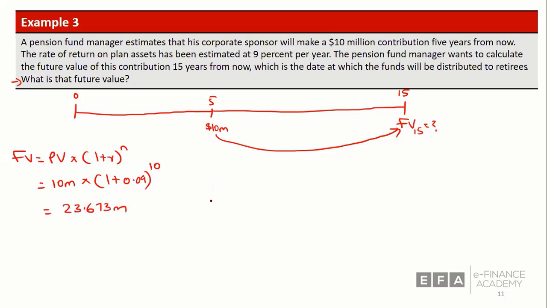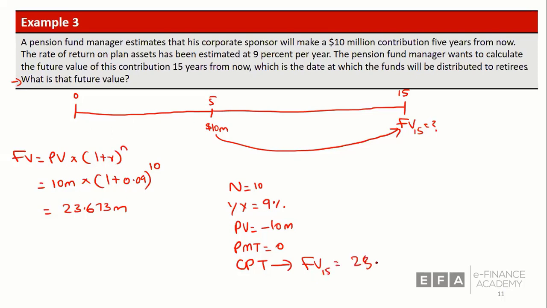If you're doing it using the calculator, n would be 10, interest rate would be 9%. The present value, make sure it's minus 10 million, never forget the minus sign. The payment, which we'll be discussing later, is 0, and you just simply compute the future value, and that should give you the answer, which is 23.673 million.